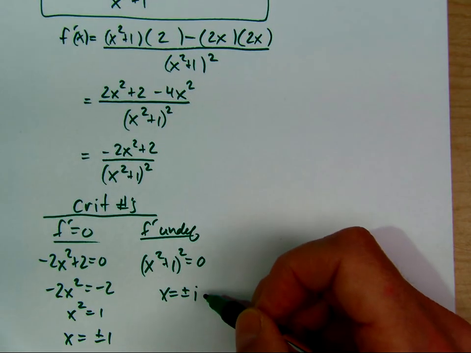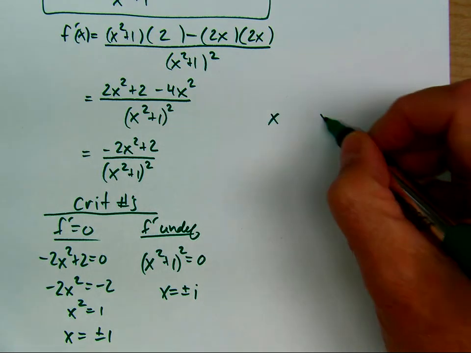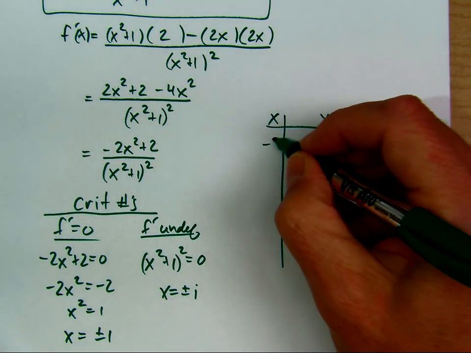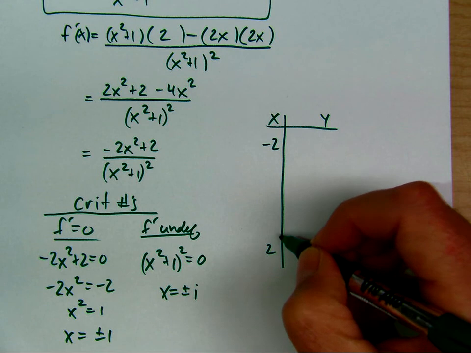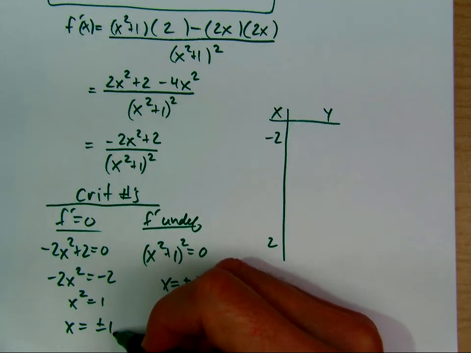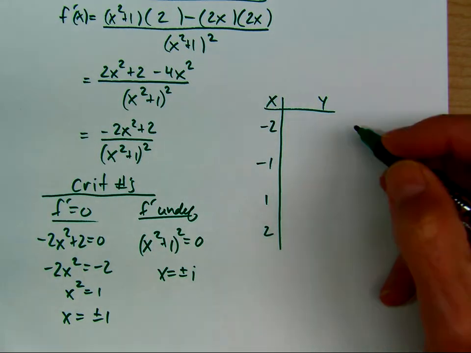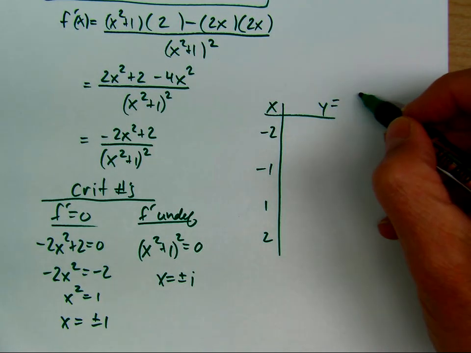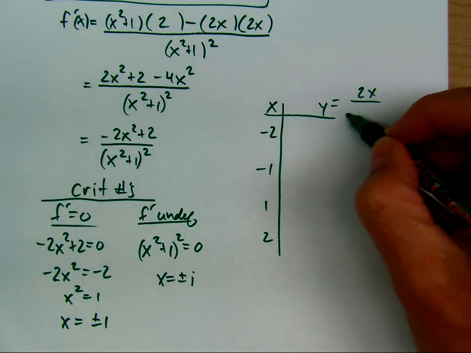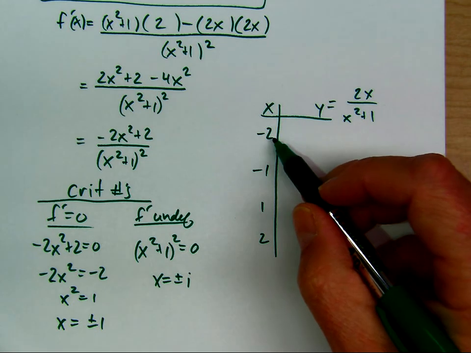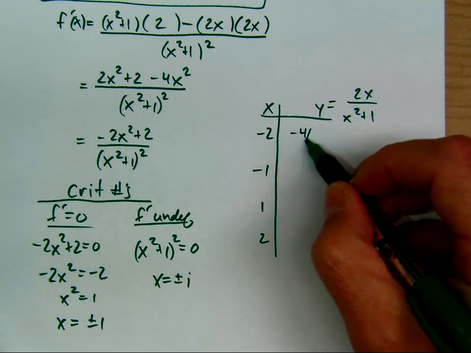And we check the y values on the interval -2 to 2. Both of the critical numbers are on the interval. So then we substitute those into the original function. If we put a -2 in there, we get -4/5.